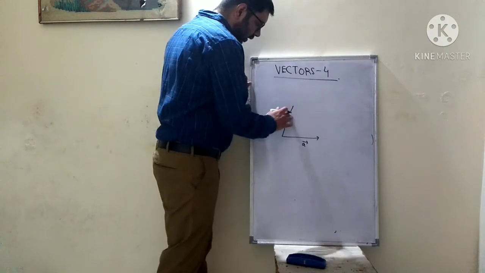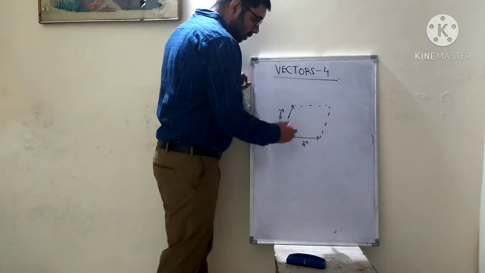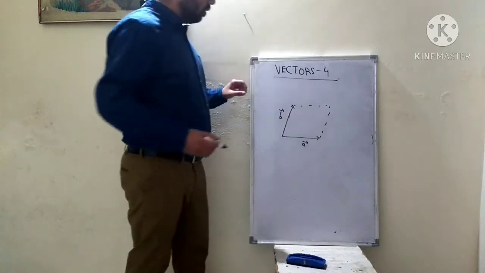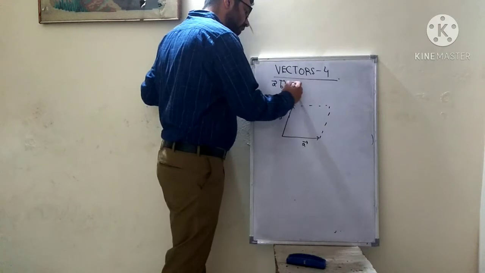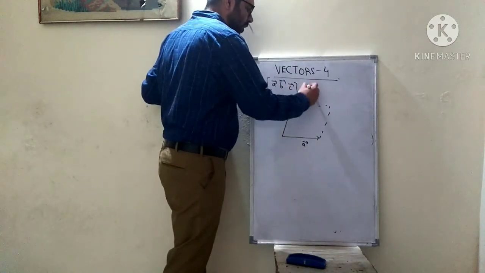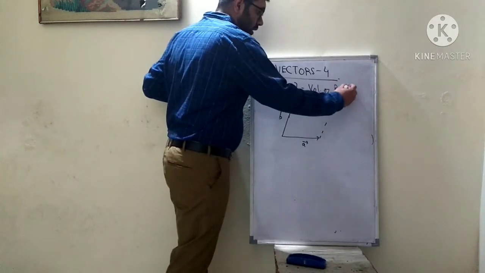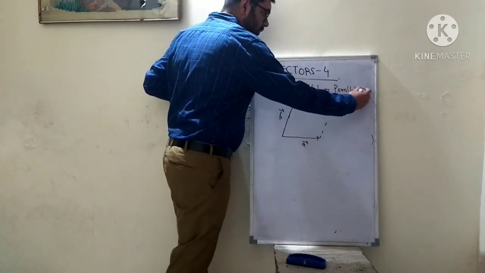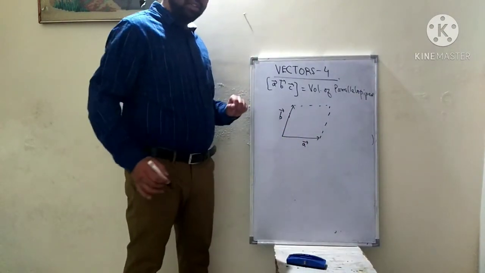A vector and B vector are like this, and then C vector will be the height. The scalar triple product or box product gives us the volume of the parallelepiped whose adjacent edges are A vector, B vector and C vector.